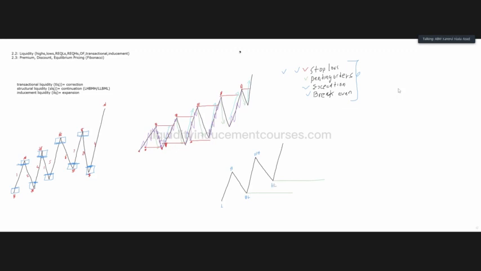So inducement liquidity in an uptrend is always found in the new higher low. And in the downtrend, it is found in the new lower high. Here, that's the new lower high.